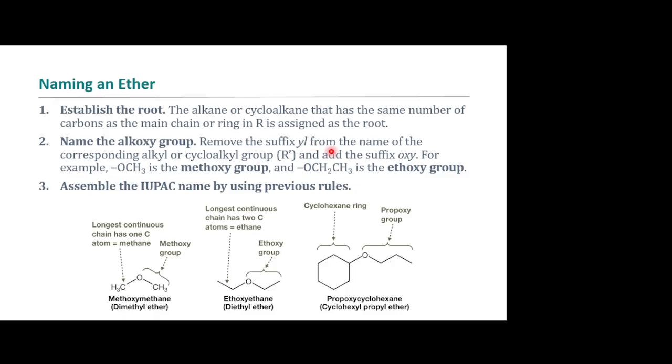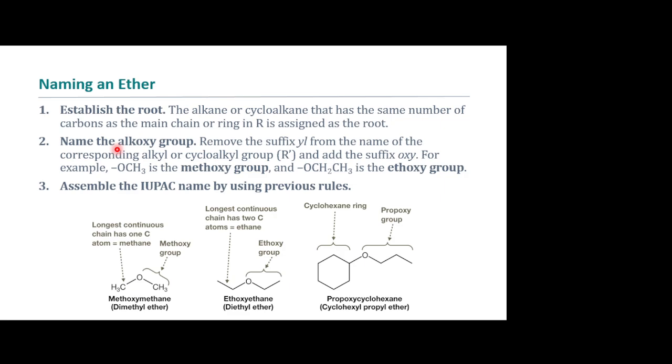You'll remove the suffix "yl" from the name of the corresponding alkyl group. So that cycloalkyl group that you're naming as not the parent, the shorter chain. And you're going to add the suffix oxy. So if you're talking about them all without a number involved, you're going to call it alkoxy, right?